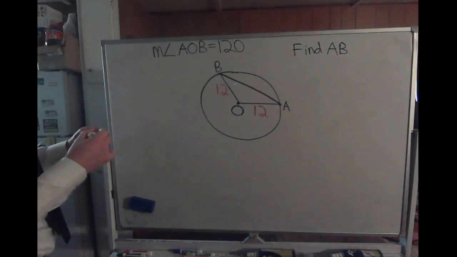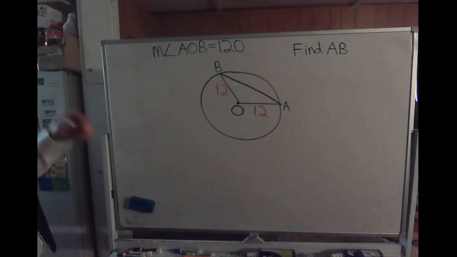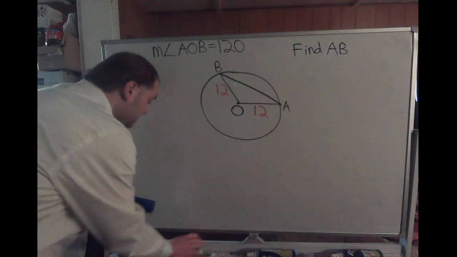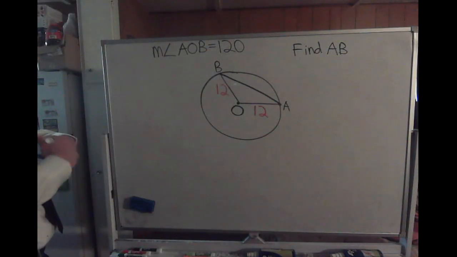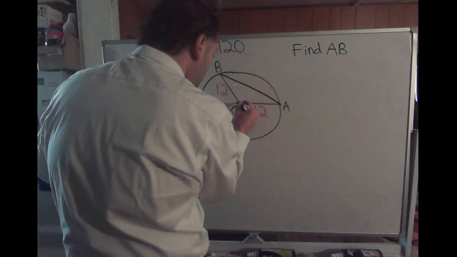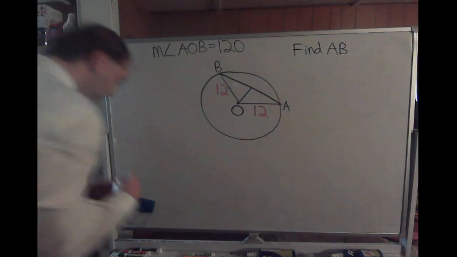So how on God's green earth are we going to do that? Well, if we could pull our previous tricks here, we can actually form two right triangles. So let's go from O to side AB. Let's form two right triangles, okay?